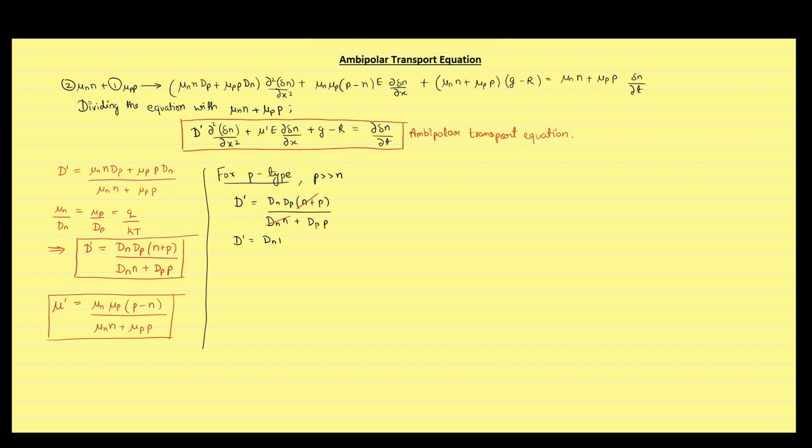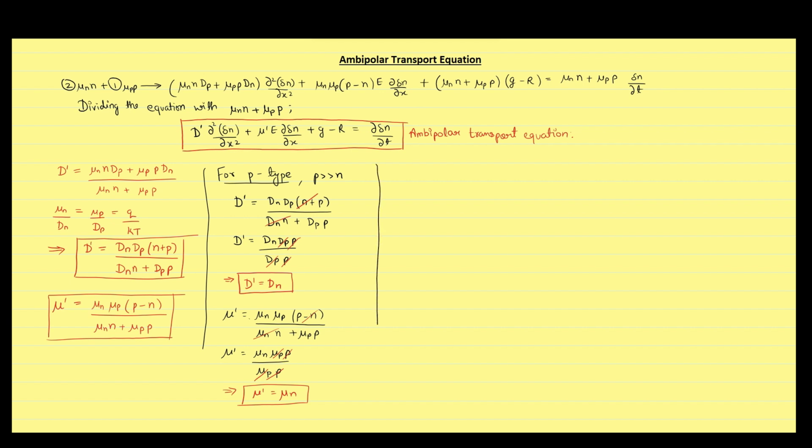So we will get the effective diffusion constant for a p-type semiconductor to be equal to the diffusion constant of free electrons. Similarly, for effective mobility, the effective mobility will be equal to the mobility of free electrons. The same way, we can find the effective values of mobility and diffusion constant for an n-type semiconductor.